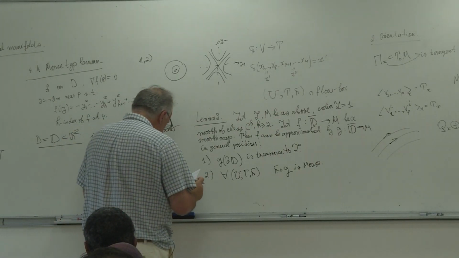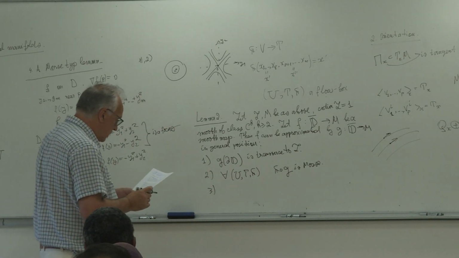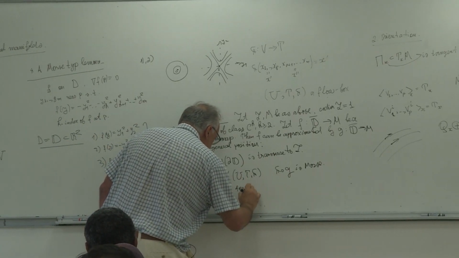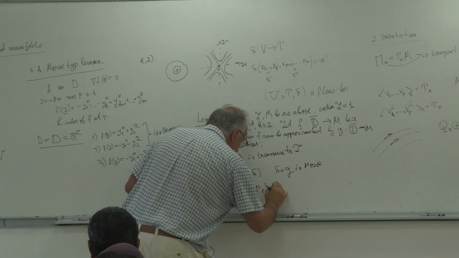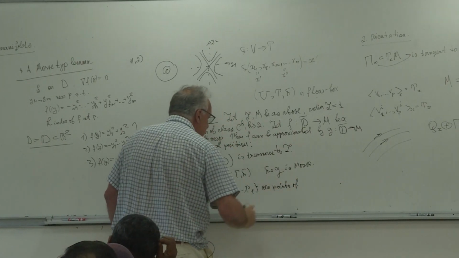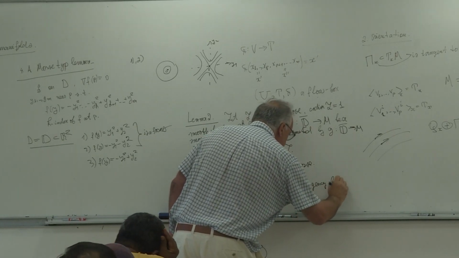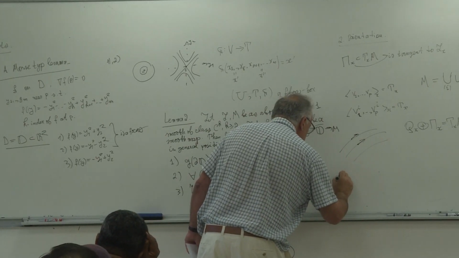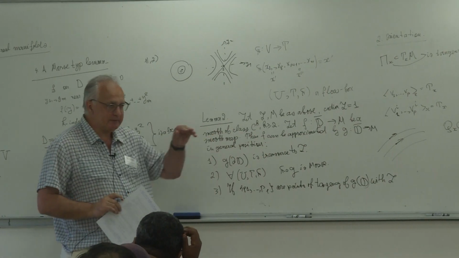Well, and the third condition is if P1, P, what was it, L, are points of tangency of G of D with L. So points where this guy is tangent to leaves.